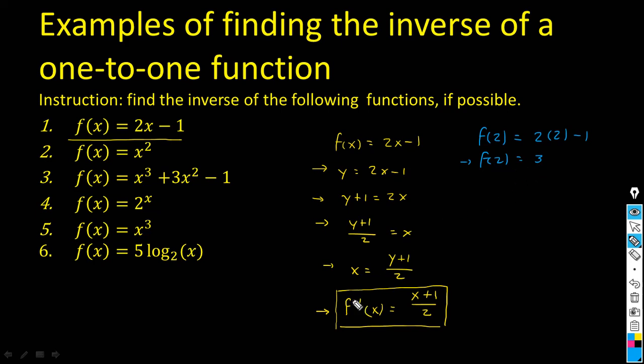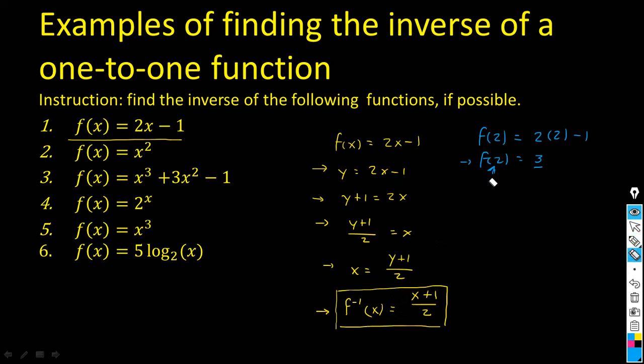So if this is the inverse of this function, then when I give this output to the inverse function, I should get this as a result. If I give this as an input to this function, I gotta get this as an output. This function has to reverse what the function f has done.